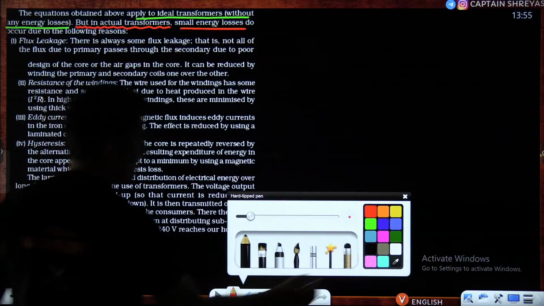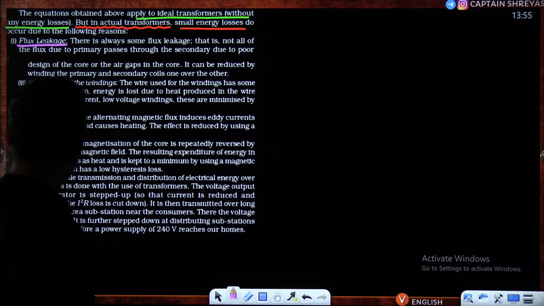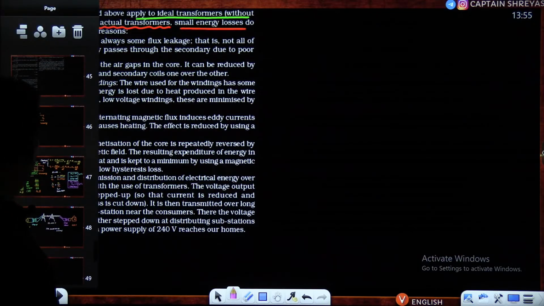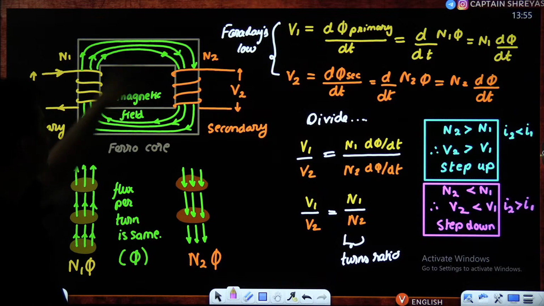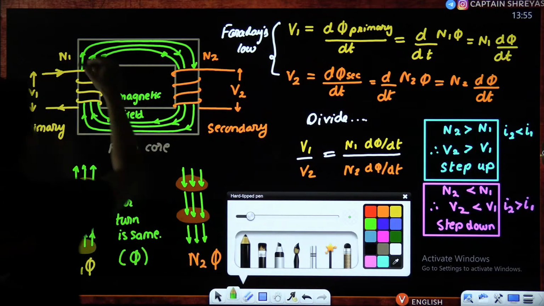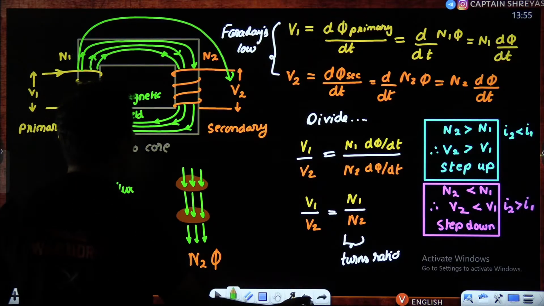First reason why the energy is lost is called flux leakage, meaning you will not see all the field lines going through the secondary. Some of the field lines might get lost somewhere over here. So flux leakage will happen.